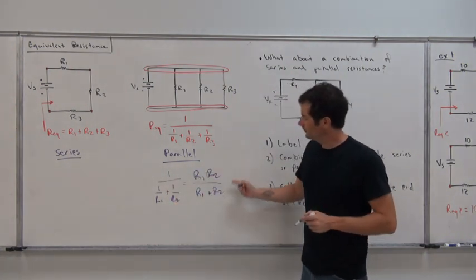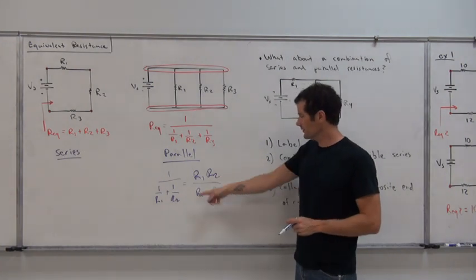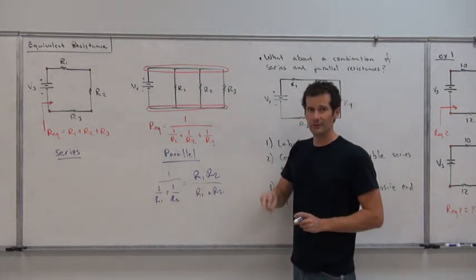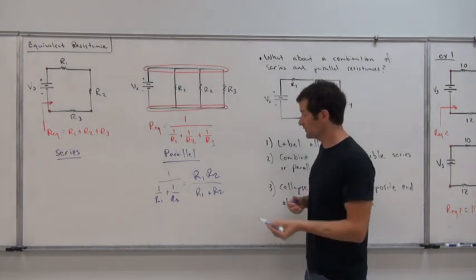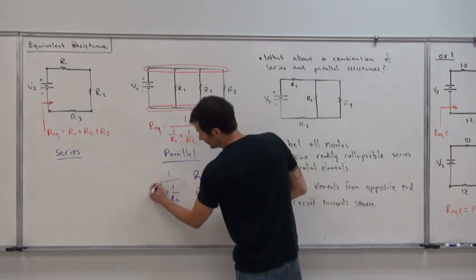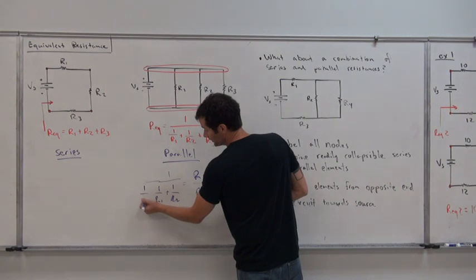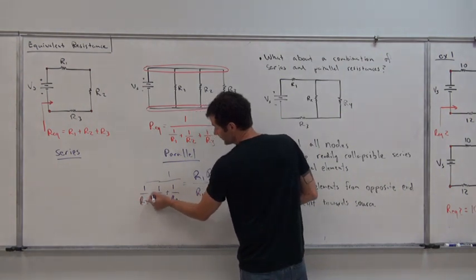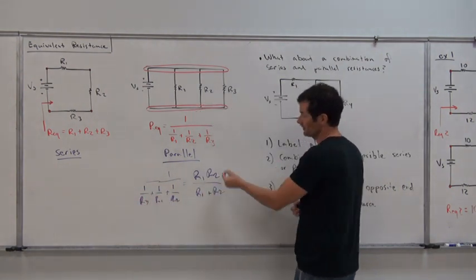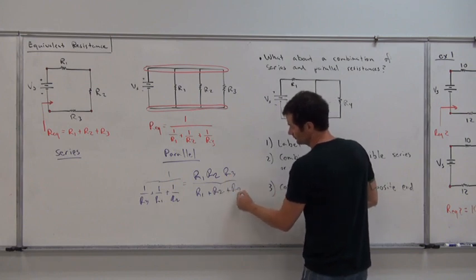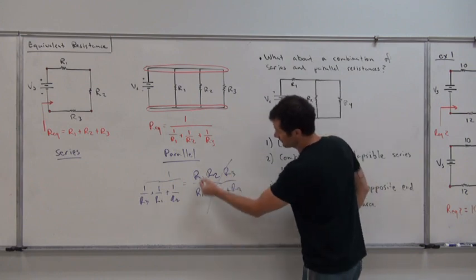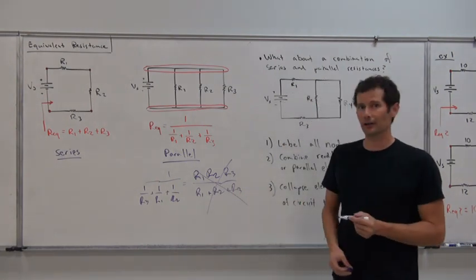I do not like students necessarily using this, even though it's accurate for two elements in parallel. The common mistake that I see students do is that if we actually tacked on a third resistance here, then students sometimes come in and say, well, then we can also use this equation, and that's not right. That is absolutely not correct.